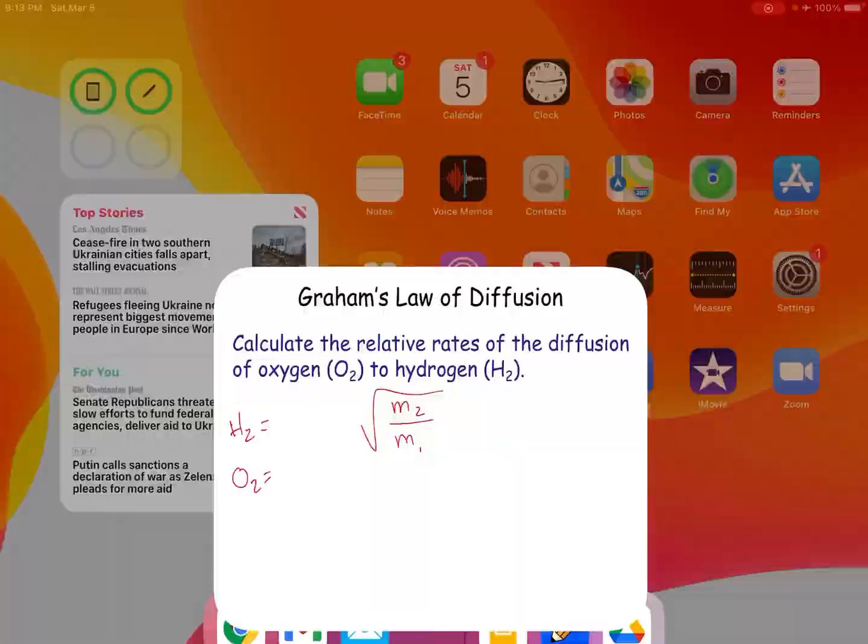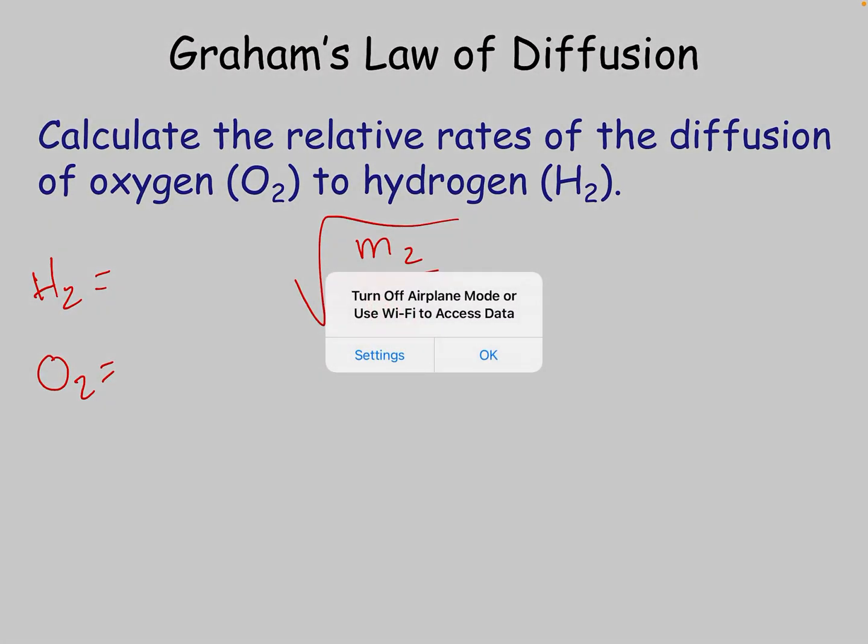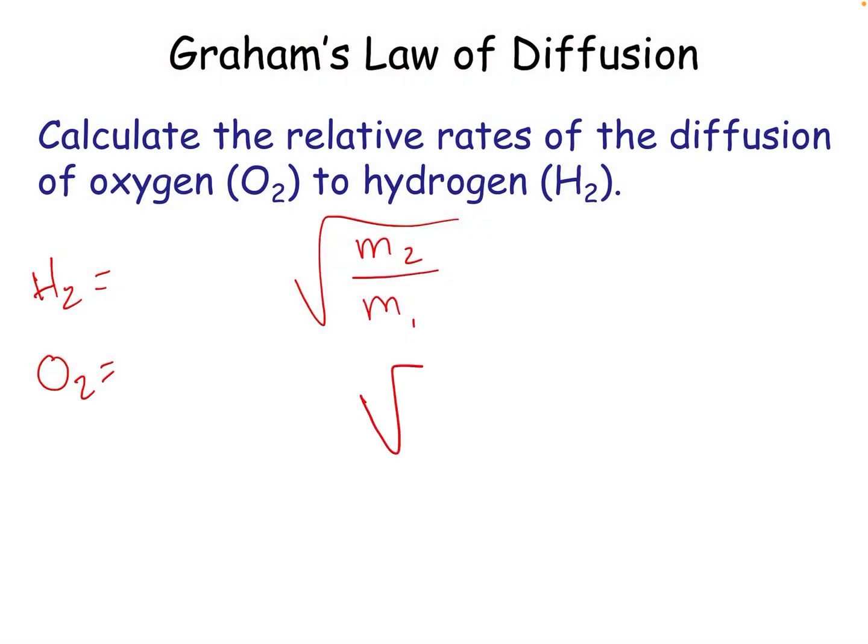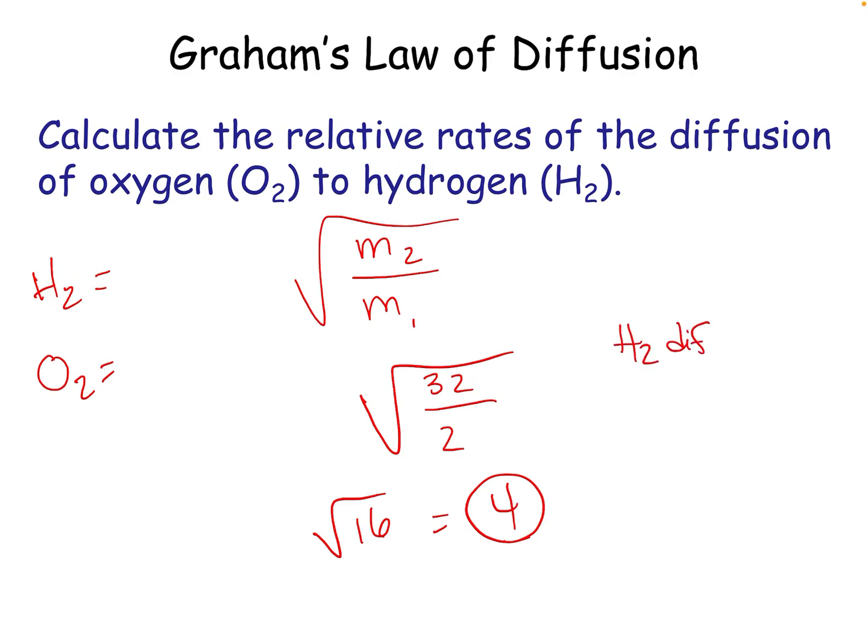So if we go back to this, we have the square root of oxygen over hydrogen, which is the square root of 16, which means that's a 4. Now what do you do with this 4? This means hydrogen diffuses 4 times faster than oxygen.